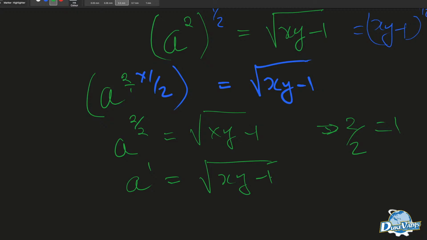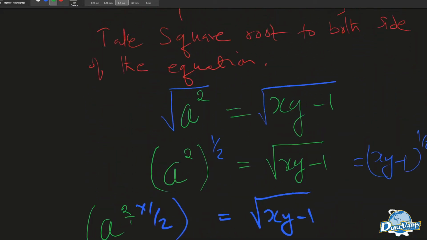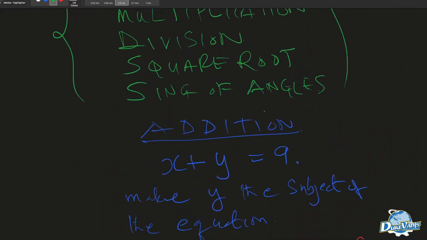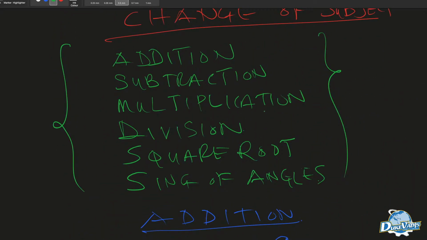You see, it was an addition that we saw over there, but we have also applied something we've learned over the years called the square root sign. So now that is where we are at the moment. Now let's look at one more example, because we said it's going to involve addition, subtraction.